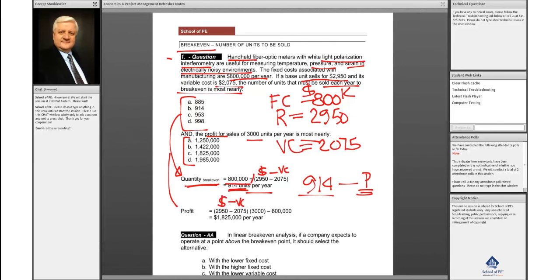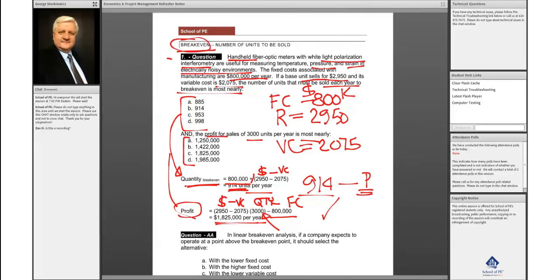This time, we're going to multiply that by the quantity. And we're going to minus out what our fixed costs are. We can't get away from them. And as a result, our profit, if we sell 3,000 units, will be $1,825,000.